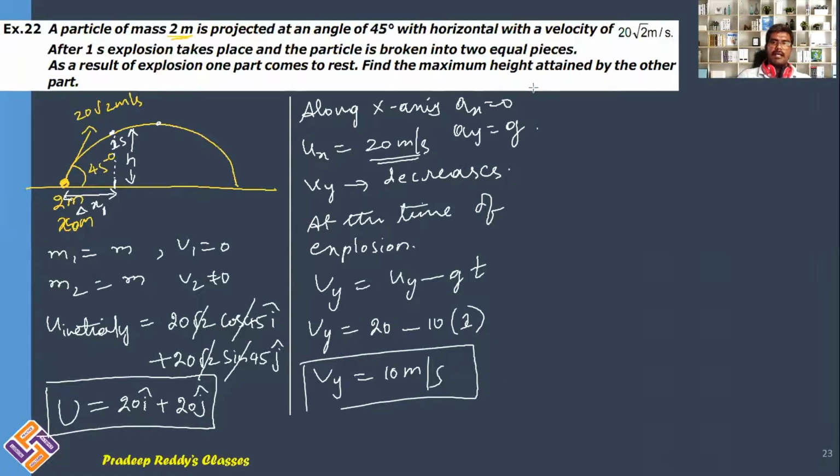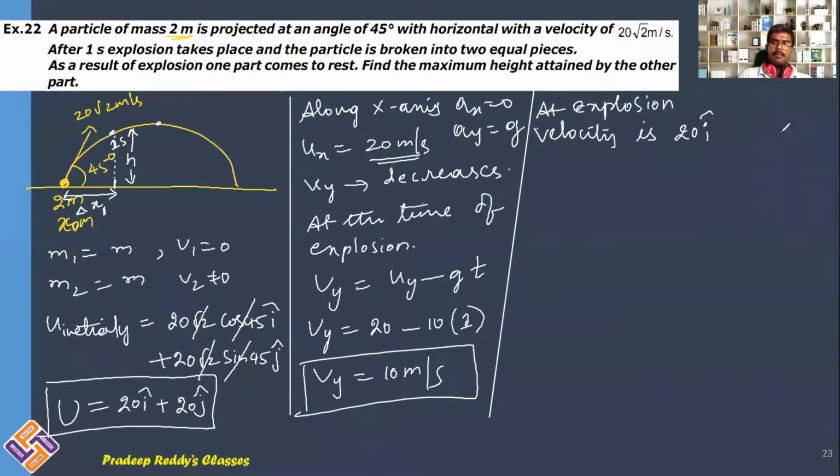Therefore, I can now write at the time of explosion, velocity is 20 i cap plus 10 j cap, because along x-axis whatever the initial value it is, 20, that 20 will remain as it is.